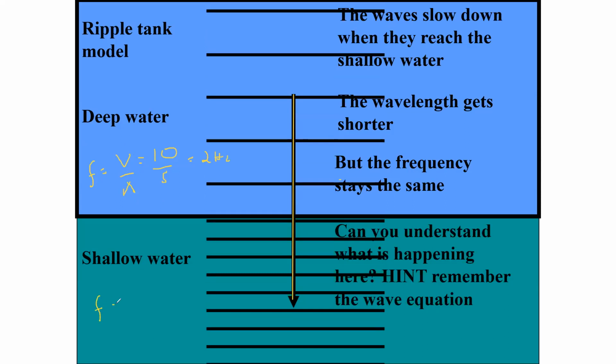In a shallow region, the speed decreases, the wavelength also decreases, but the ratio, 5 divided by 2.5, equals 2 hertz. So the ratio of speed and wavelength does not change. That's why the frequency will be unchanged.